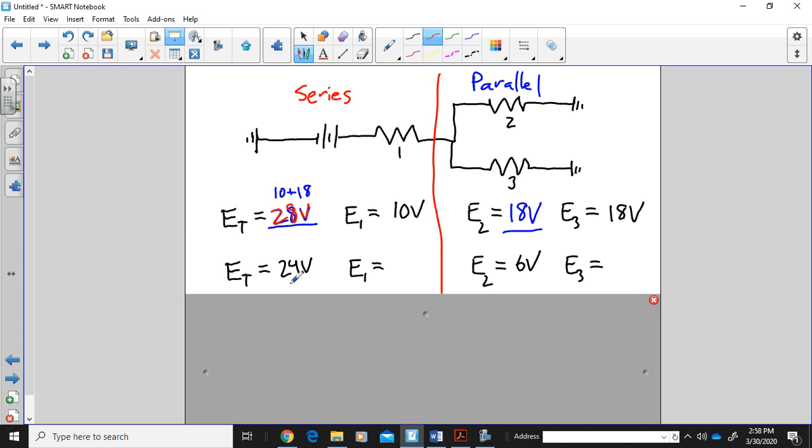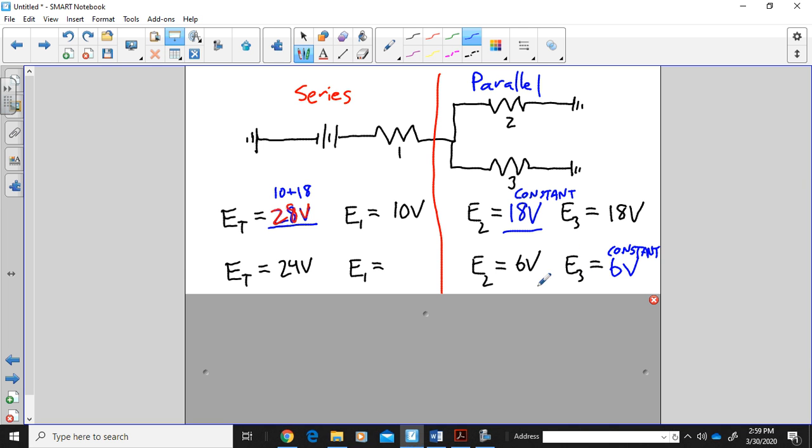If we have 24 volts total, we don't know this, we know 6 volts is going through E2, and we want to know E3 also. So voltage is constant in a parallel circuit. If we know 6 volts goes through E2, we know that 6 volts is also going to have to go through E3.